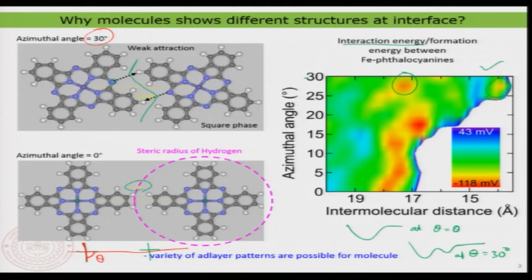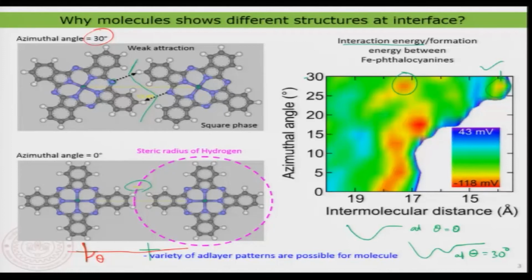When the molecule comes to this 30 degree orientation, the intermolecular distance decreases to something like 13.49. That corresponds to this point here, which means that when you change the orientation, you are not only changing the orientation, they are also coming closer or going away. So this picture clearly tells us the dependence of the molecular interaction on the molecular orientation.